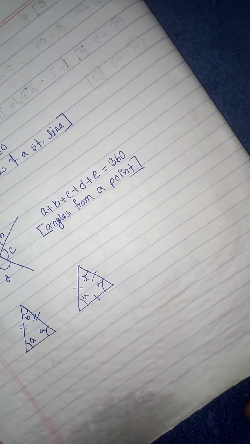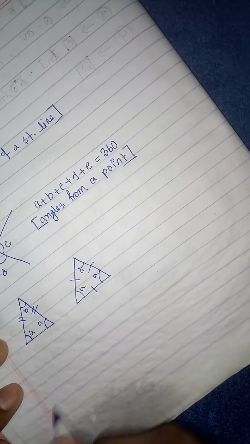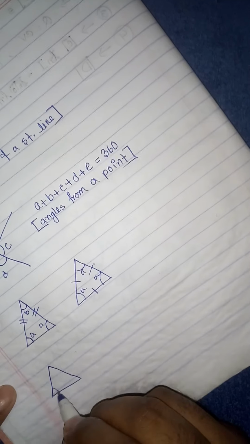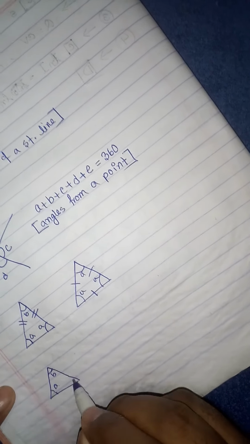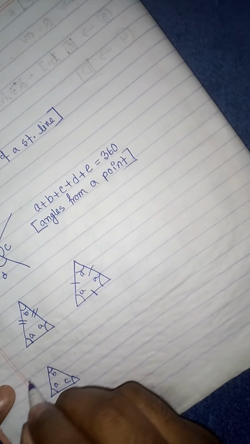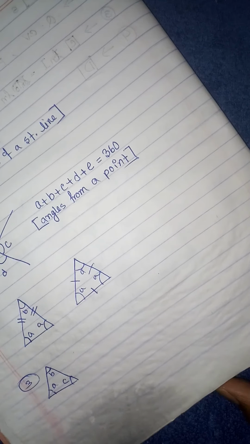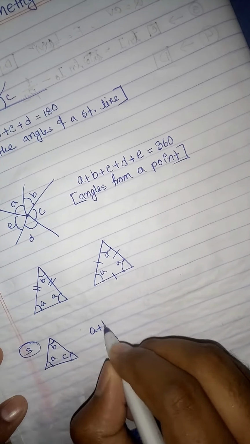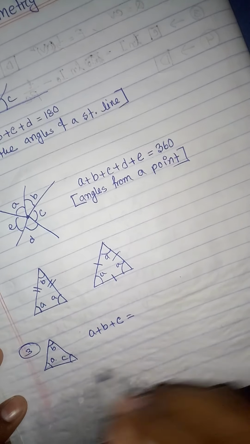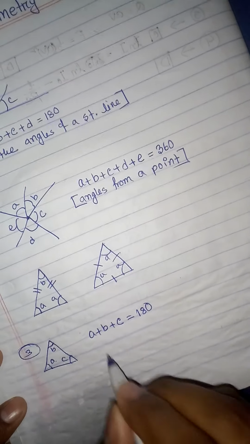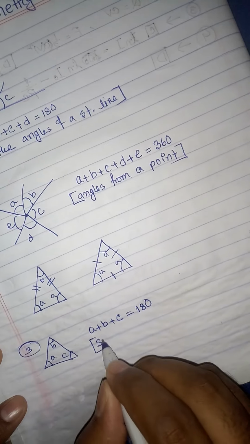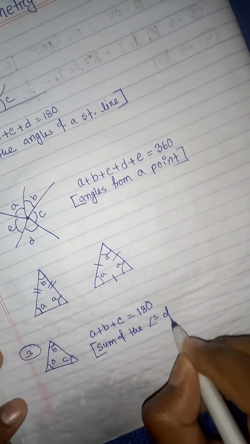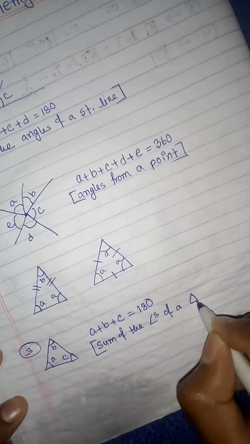Formula number 3, for a triangle A, B, C: A plus B plus C add up to 180 degrees, and the theory for this is the sum of the angles of a triangle.